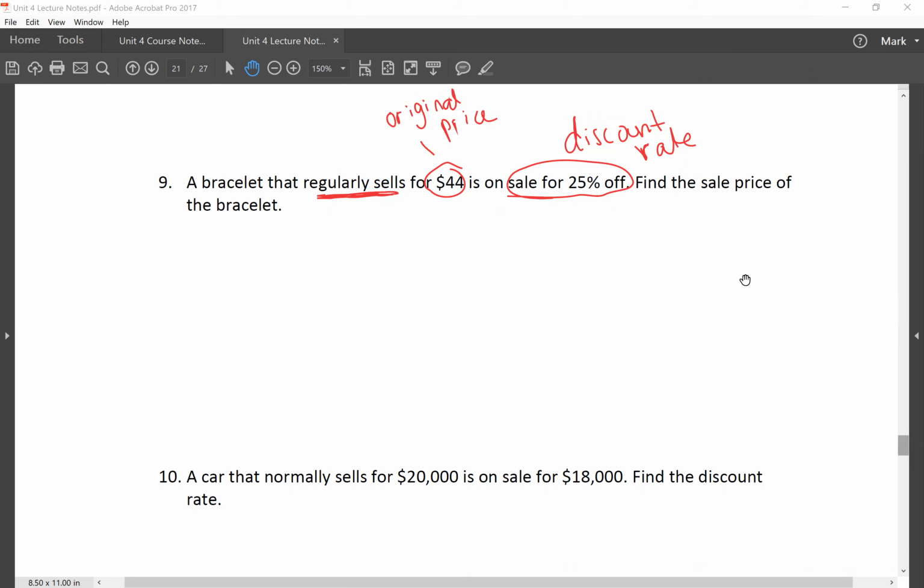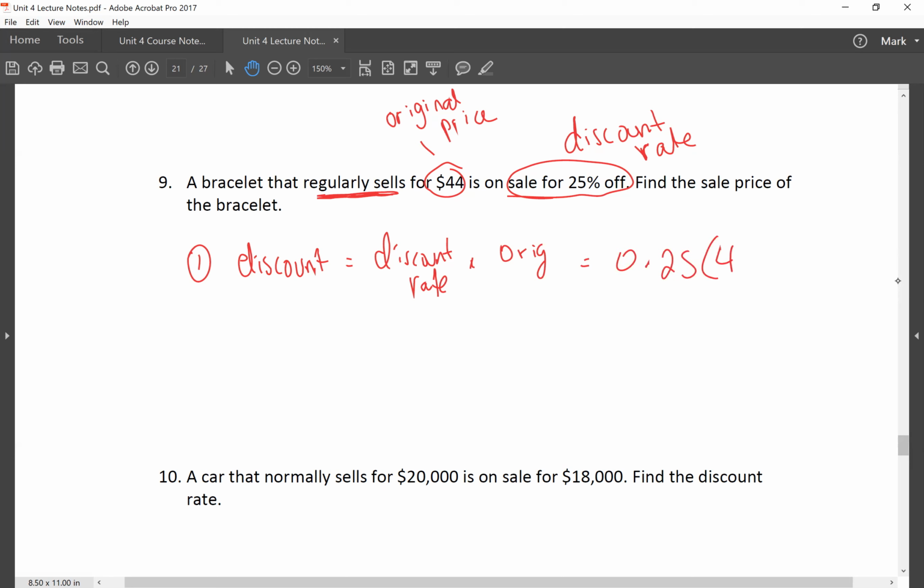So let's see. Step number 1: what is the discount? My discount is my discount rate times the original price. So it's going to be 0.25 times 44.